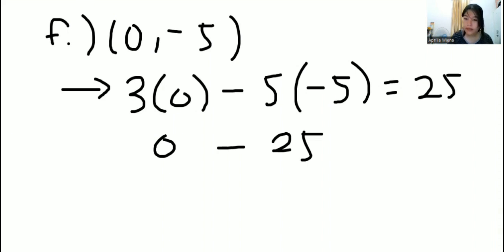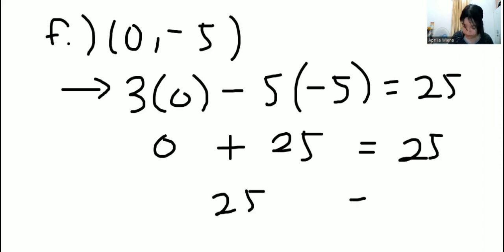Sorry, minus times minus becomes plus, so 0 plus 25 is 25, and then 25 equal 25. So the last point is true, this lies on the line, so we mark this as a yes. From all of the solving that we did, we know that the points that lie on the line of the equation are point A, point B, and point F.